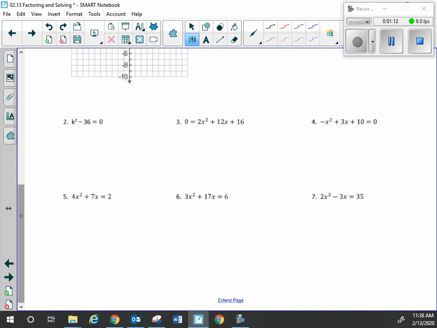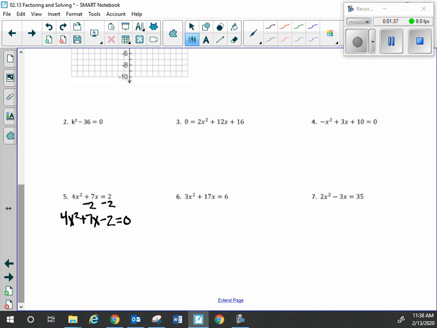Okay, so the first step before you start factoring out a GCF or anything is that you need to set it equal to 0. So how can I manipulate this equation? Minus 2. Okay, so 4x squared plus 7x minus 2 equals 0.